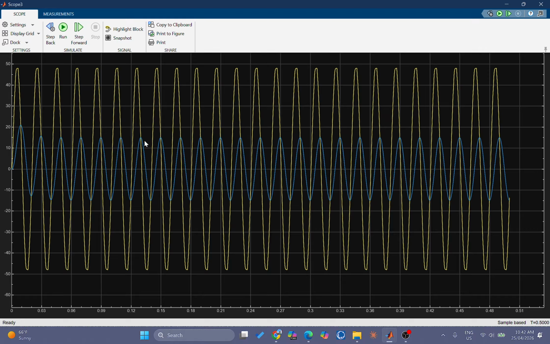And in case of the RL load, current will always lag. This is an RL load, so current lags the voltage and it becomes smoother. This happens because the inductor resists the rapid current change and filters the switching ripples.